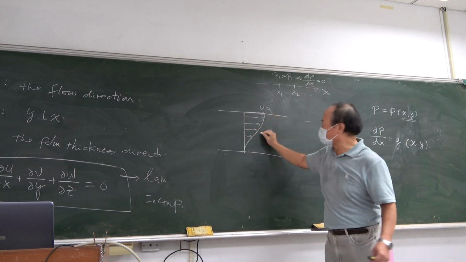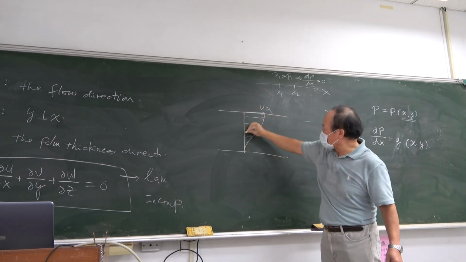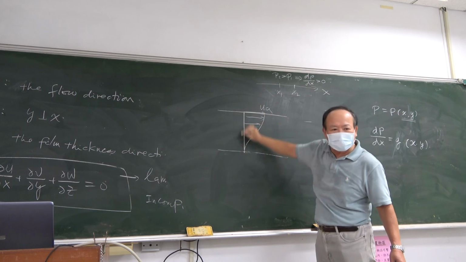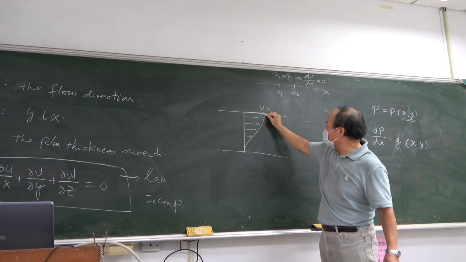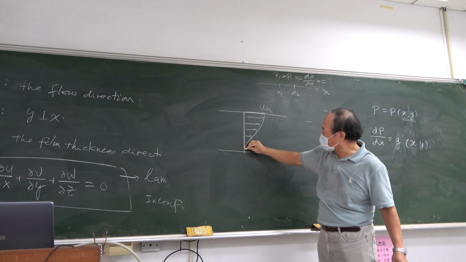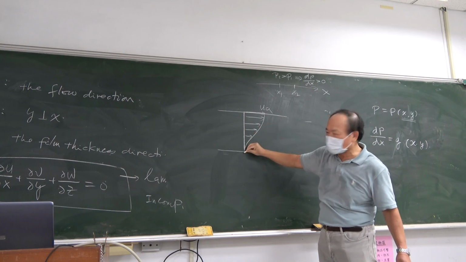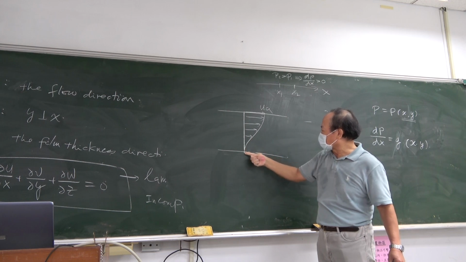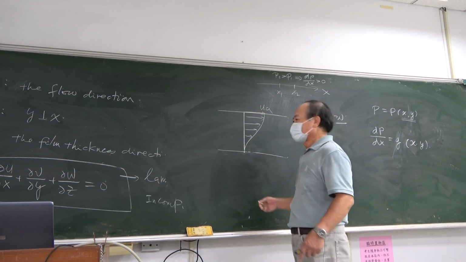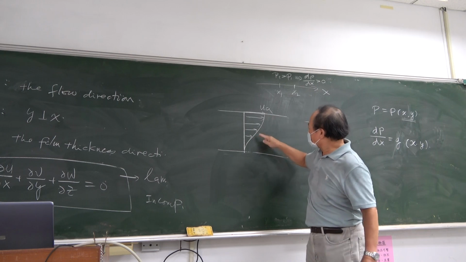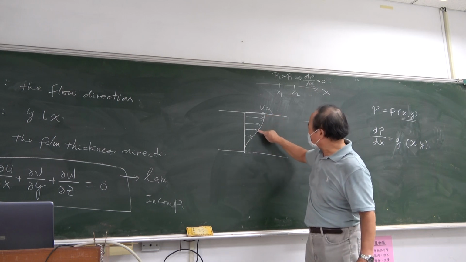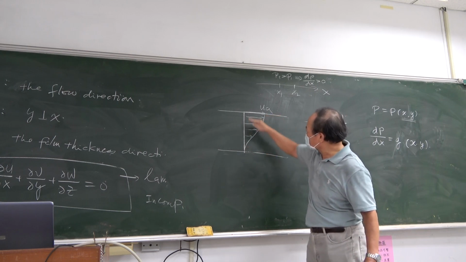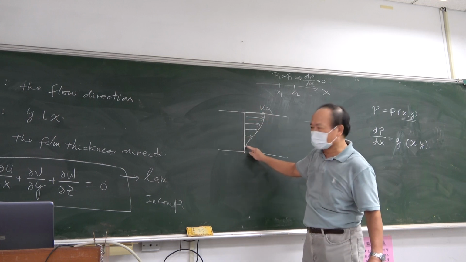And this velocity profile is tangential to the vertical line. And the profile, after the low one, is tangential to this vertical line at this point.